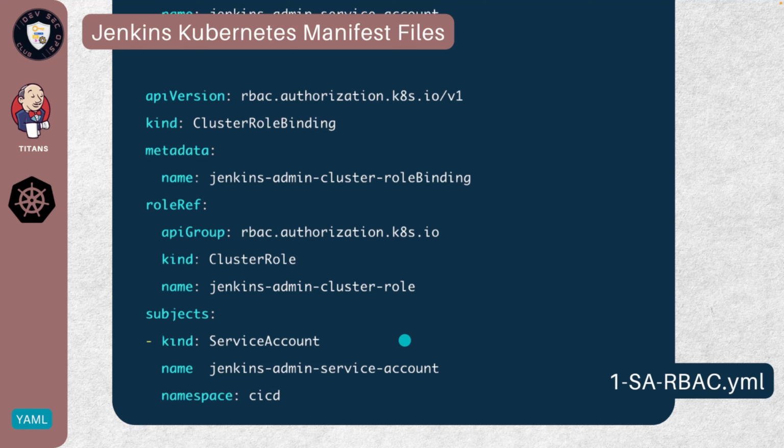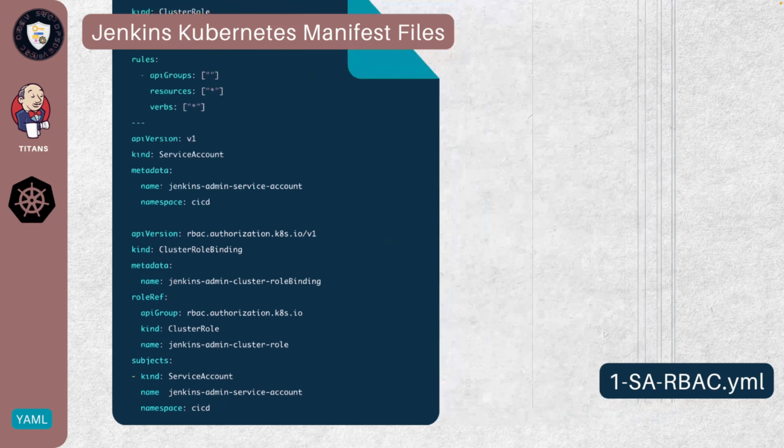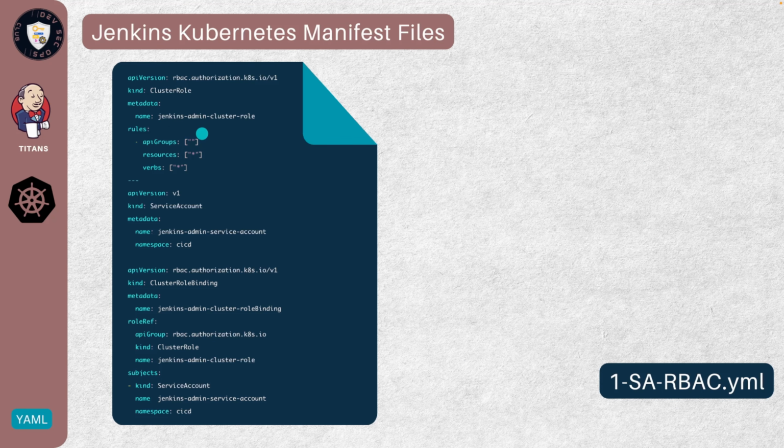We are binding it with the Jenkins admin service account, and all these are in the same namespace. Let's quickly look at it. First we created the cluster role, service account, and cluster role binding. Once we have the role and the service account, by the role binding we assign the role to the service account. So there are three things over here. You could also create three separate files for this.